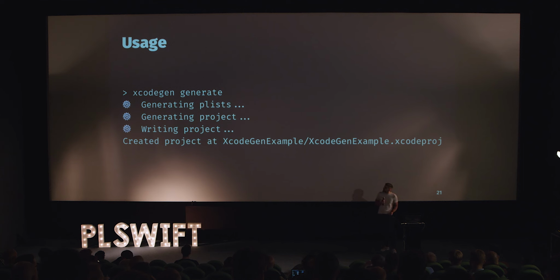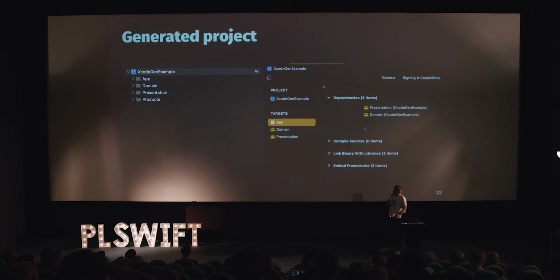And after running xcodegen generate and opening the project in Xcode, you have your normal project as always. You can see that we have dependencies set between the main target, the app target, and the domain and presentation targets I declared in project YML.